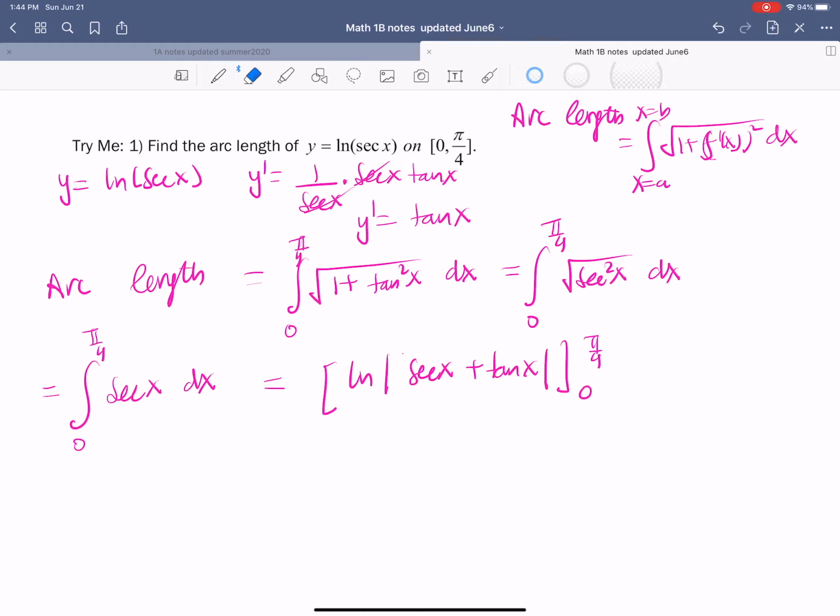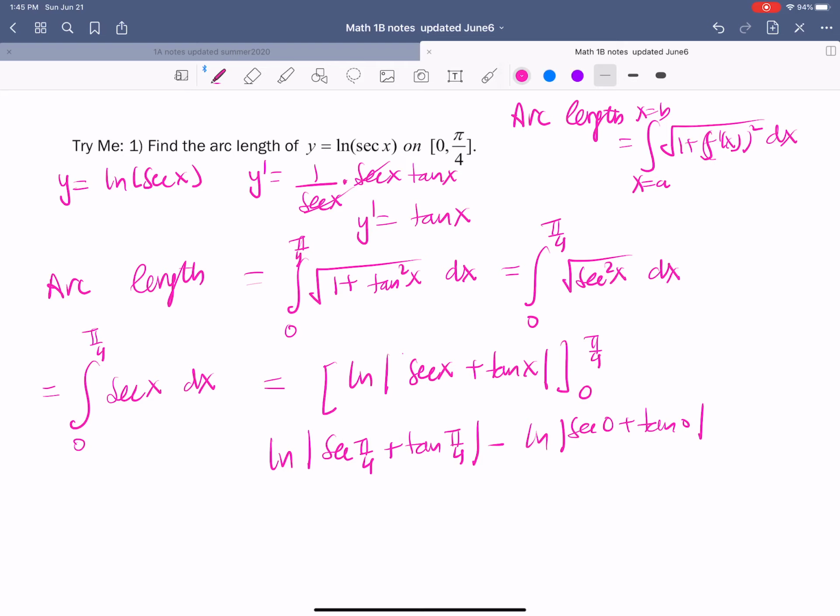Plug in the upper bound and the lower bound. So we would get natural log of secant pi over 4 plus tangent pi over 4, minus natural log of secant 0 plus tangent 0. Plugging in the values of special acute angles, it turns out to be natural log of root 2 plus 1, minus natural log of 1.